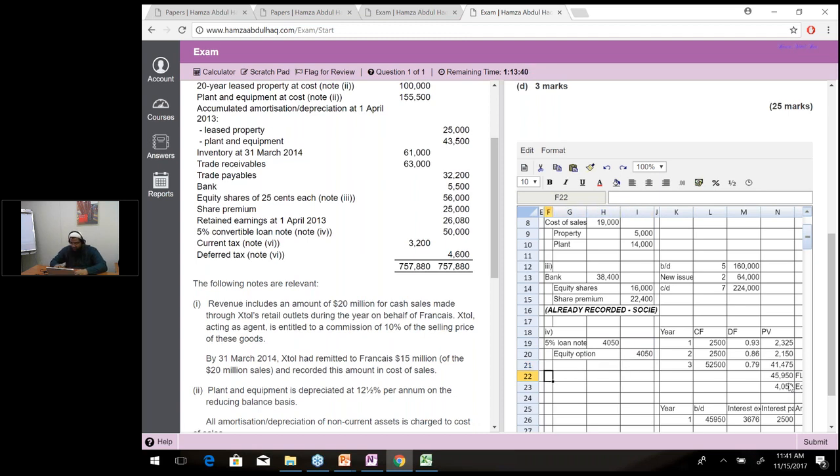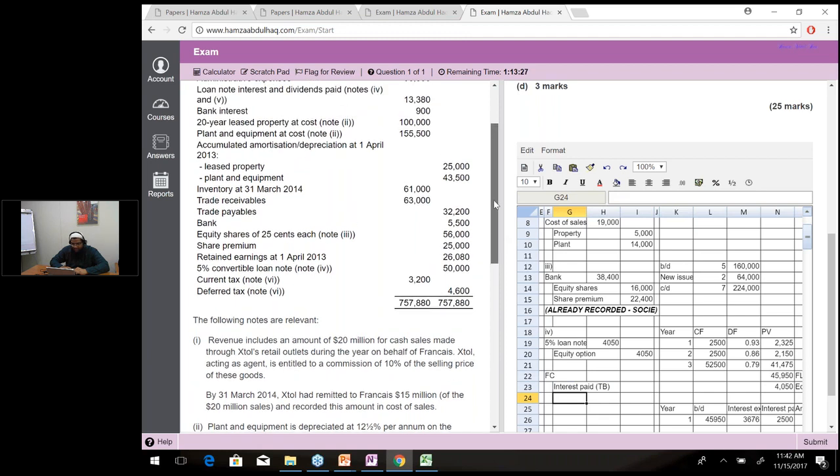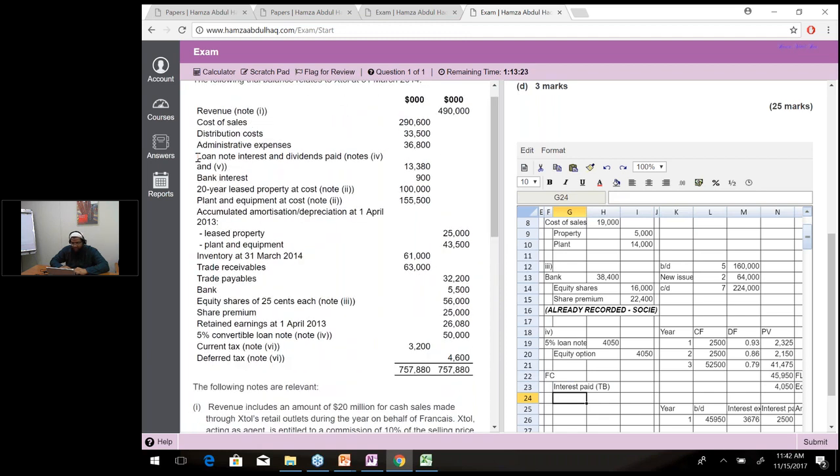And then for the interest, we are going to debit the finance cost, the interest that we have paid, which is also there in the trial balance. Where in the trial balance is it? This is over here, along with the loan note interest and the dividends paid. This 13,380 actually includes both the dividend and the interest.